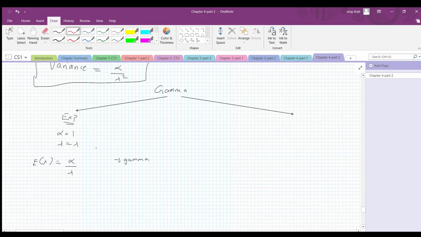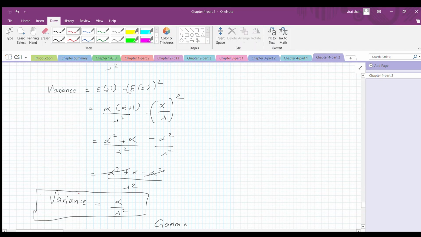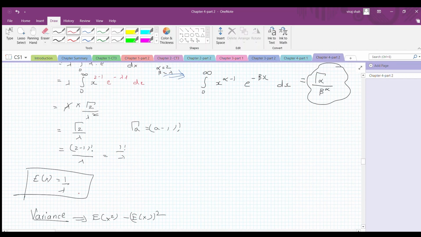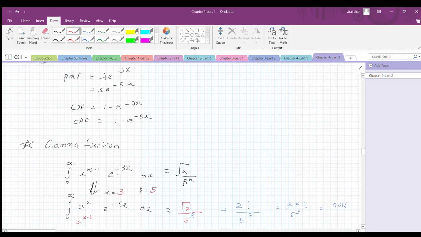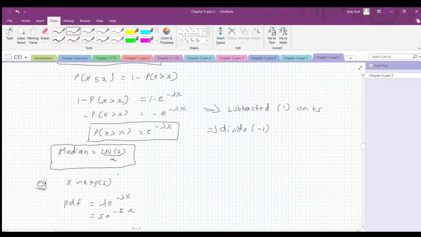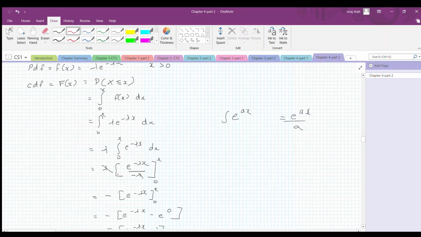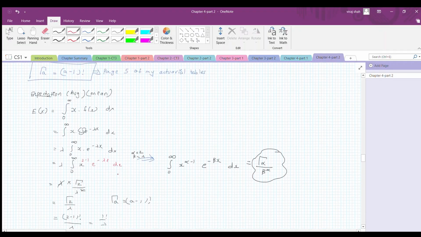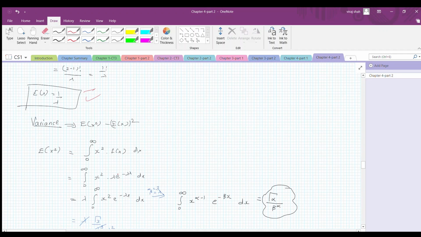So I get this as nothing but 1 by lambda. If you see expectation of x, it is nothing but 1 by lambda for exponential distribution. See, I did exponential distribution here. I started with exponential distribution and I found expectation of x as 1 by lambda, which is nothing but what we just stated here.